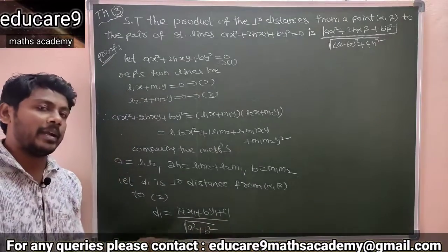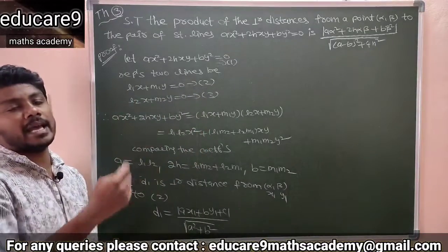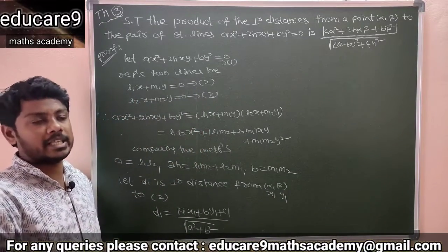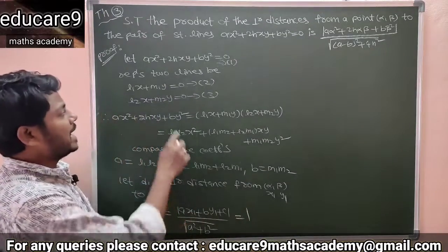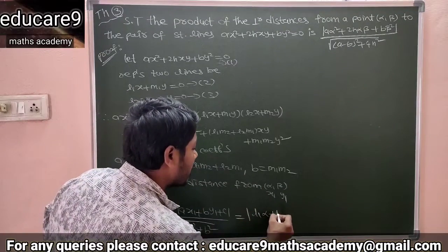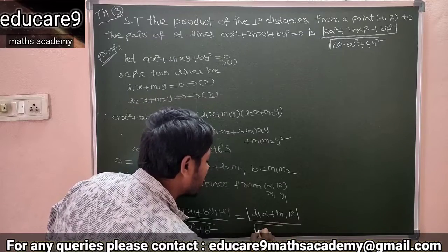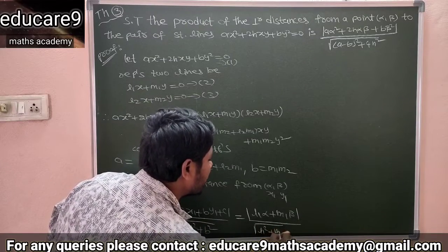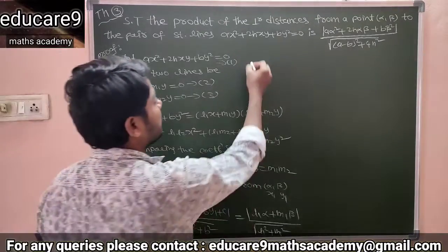This is the perpendicular distance from the point (x1, y1) to the line ax plus by plus c equals 0. So clearly, a is L1, so with alpha, this is modulus of L1 alpha plus M1 beta, divided by square root of L1 square plus M1 square. So this is D1.